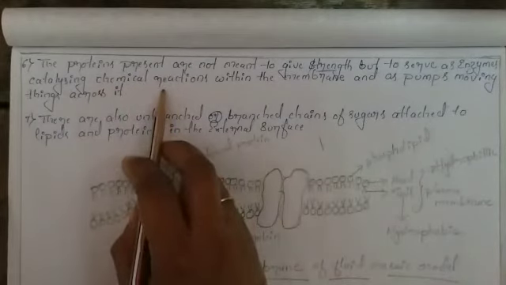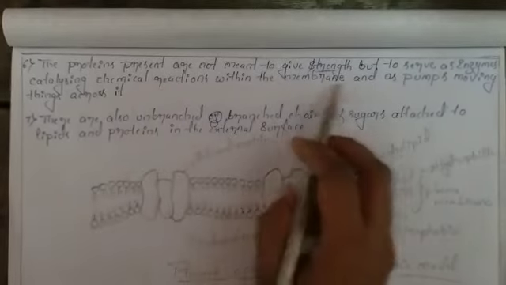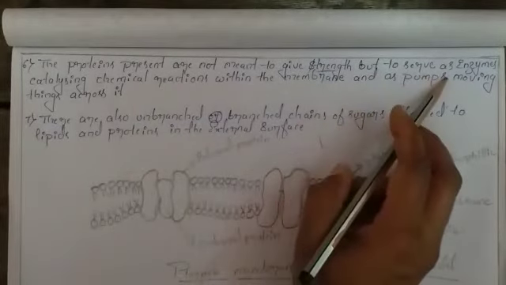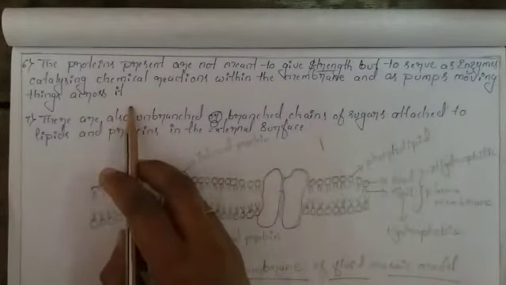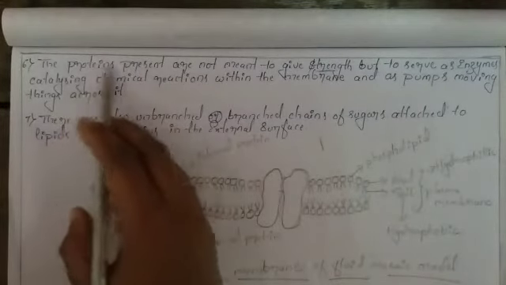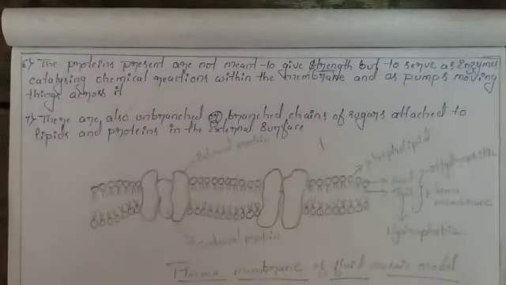It is nothing but the metabolic reaction within the membrane, and it has pumps moving things across it. What we want to say is that in our body, we usually speak about proteins as nutrients that supplement the food, is it not?